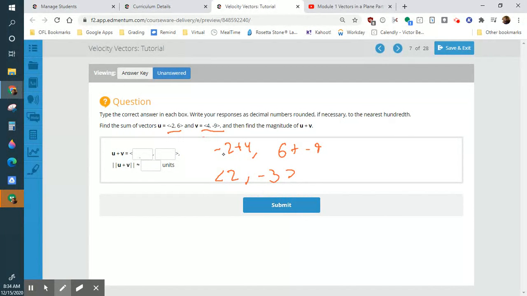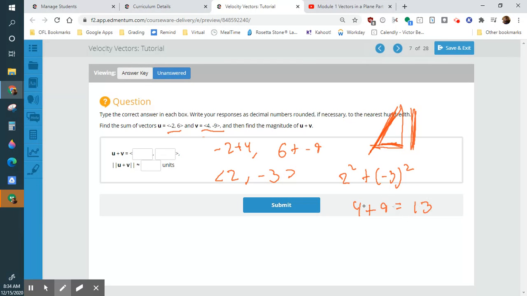And then we want to find the magnitude. So the magnitude is the Pythagorean theorem. Here's our x coordinate, here's our y coordinate, and we need to find this part right here. So we're going to do 2 squared plus -3 squared. This will give us 4 plus 9, which will give us 13.